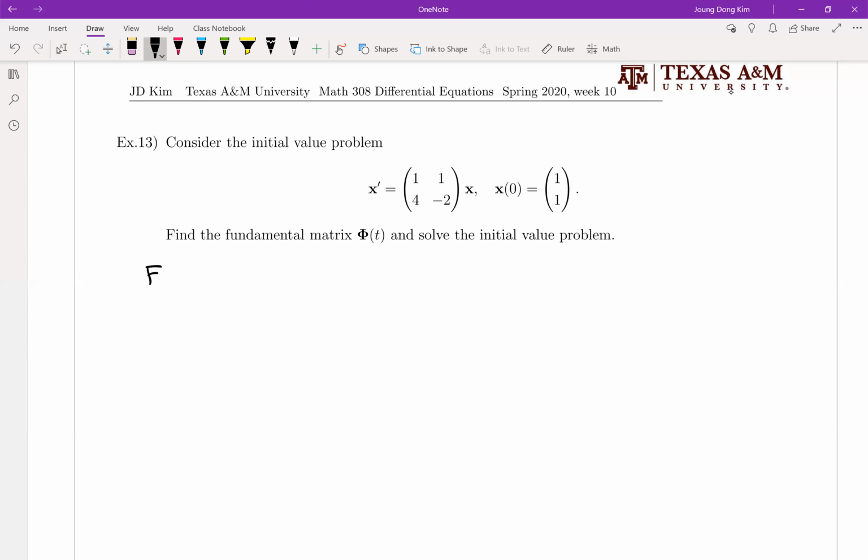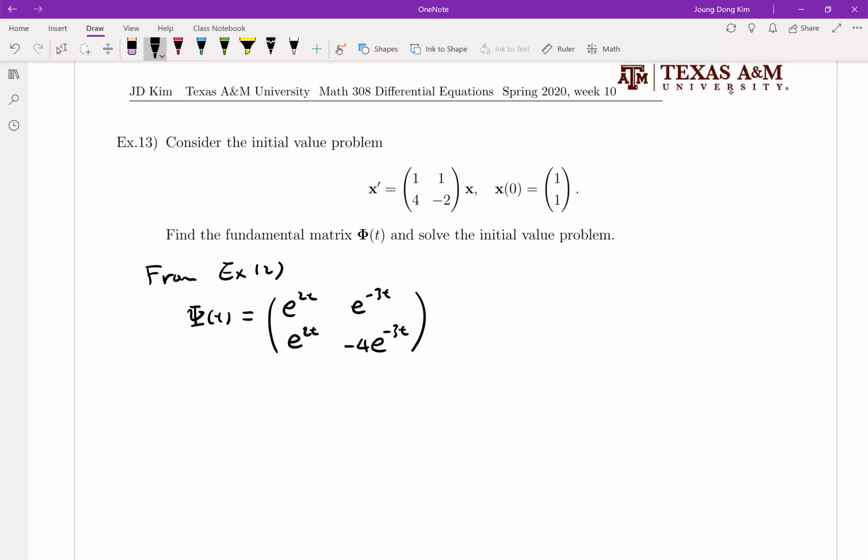From number 12, my psi, the fundamental matrix, was found to be e to the 2t, 4 e to the minus 3t, and minus e to the 2t, e to the minus 3t.